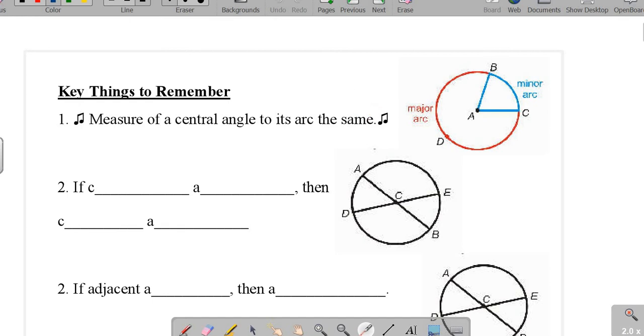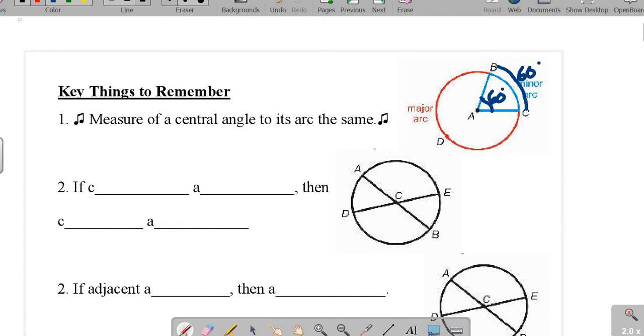Sing it with me. Measure of a central angle to its arc the same. Beginning of a song, yes. So whatever the central angle is, let's say that angle is 60 degrees, the measure of the arc, degree curvature, is also the same, 60 degrees.